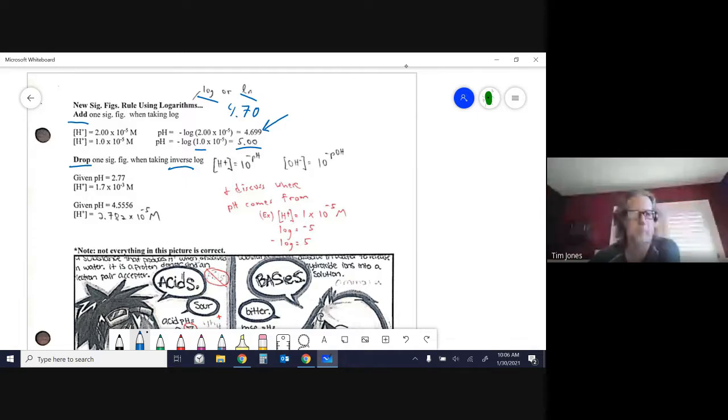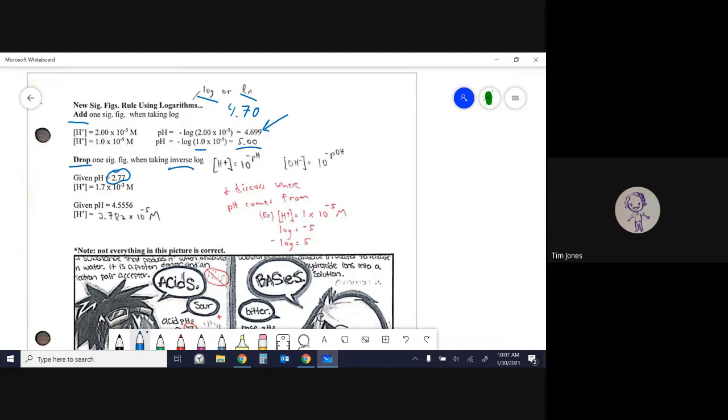So if you were given a pH of 2.77, to remind you, the way you get the hydrogen ion is you do hydrogen ion concentration equals 10 to the negative pH. So in this problem here, you would take 10 and raise it to the negative 2.77.